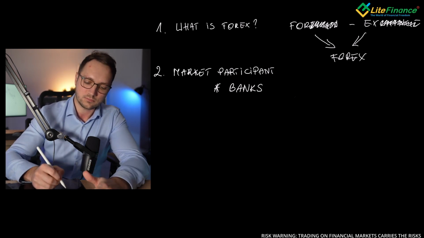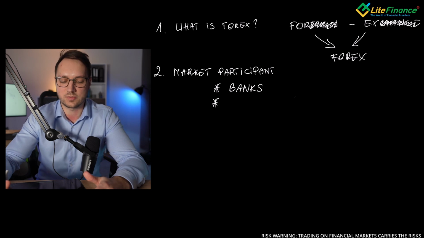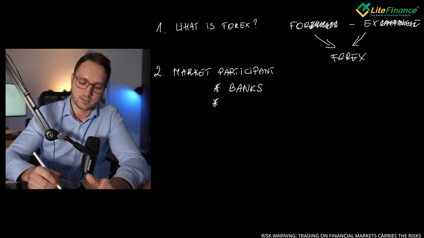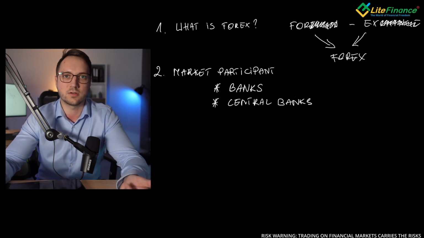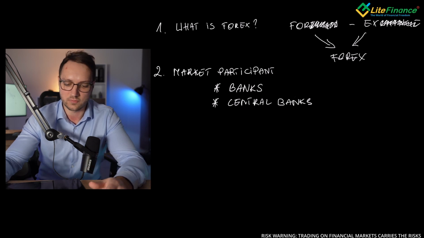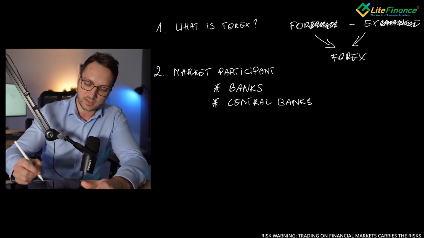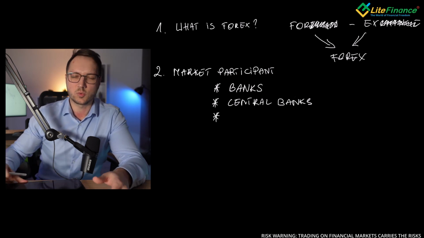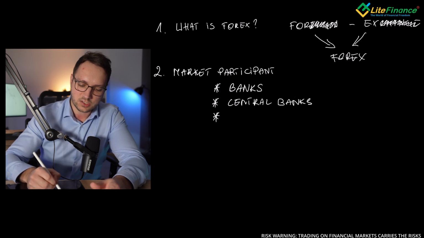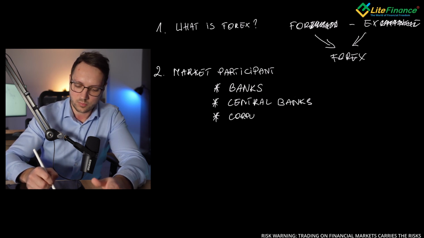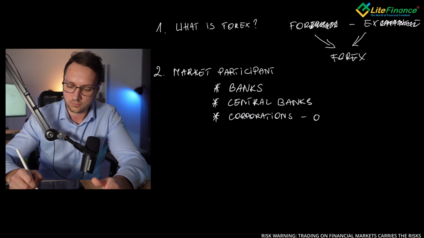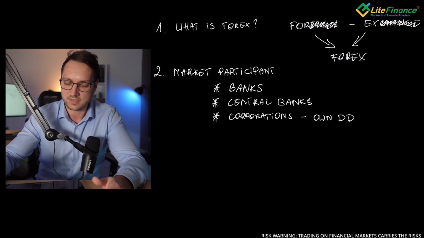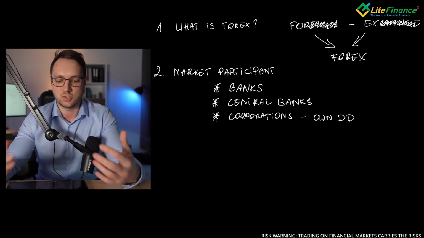Second participants of the market are central banks, for example, like the Federal Reserve, European Central Bank, Bank of Canada, etc. And the third participants, we can say, are international corporations, but those who have their own dealing desk.